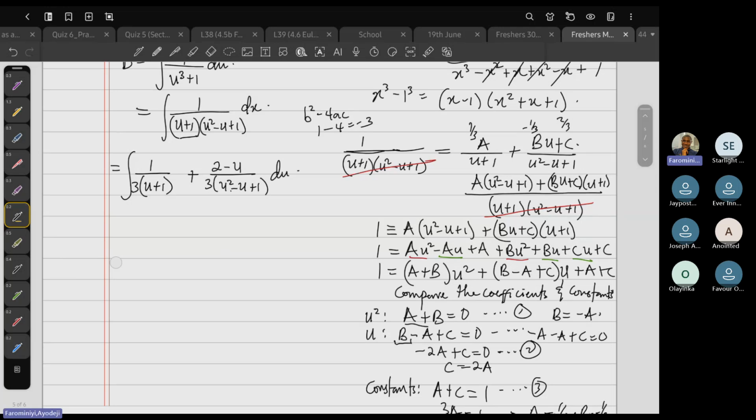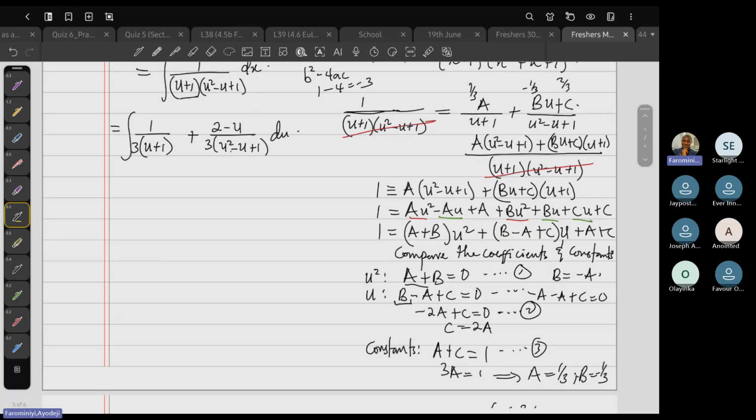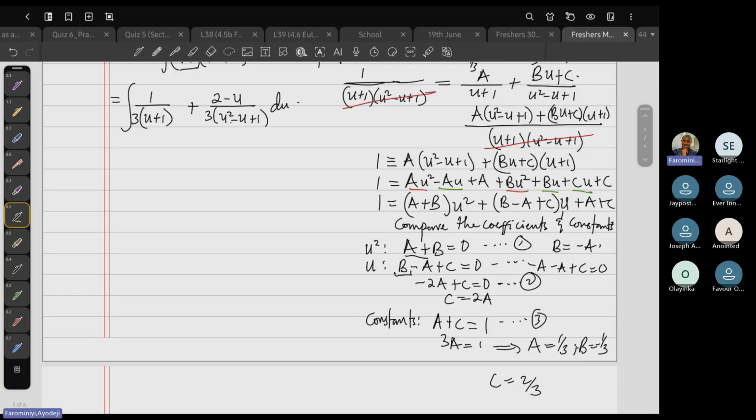Okay, so we can factor out 1 over 3. Don't forget that this is just the B part of the question, so you have to keep reminding yourself. So this is 1 over 3 times the integral of 1 over (u plus 1) du plus the integral of (2 minus u) over (u squared minus u plus 1) du.